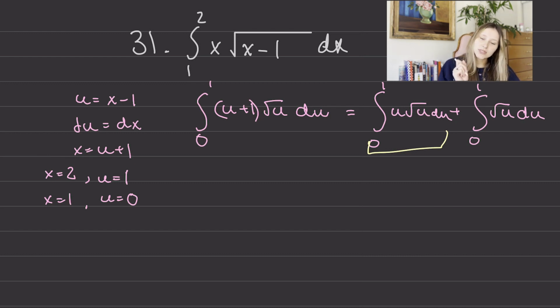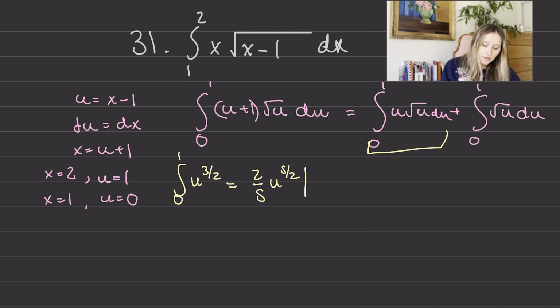What is u times root u? It is just u to the 3/2. And that is going to be 2/5 u to the 5/2. And then that is just going to be equal to 2/5. Correct me if I'm wrong.